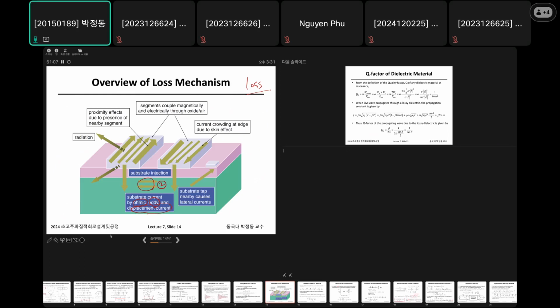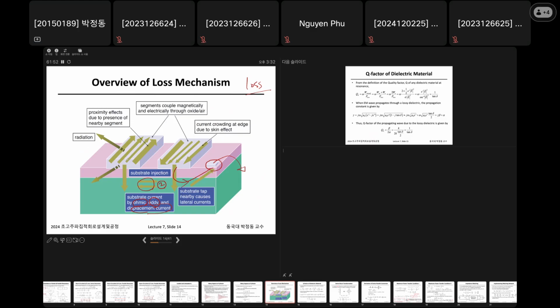The second one is if you place a tap for biasing, or to make a reverse bias. Let's say you make a center tap. Because this is typically an AC ground, there must be a current path nearby. Therefore, there exists a lateral current, which causes ohmic loss as well.